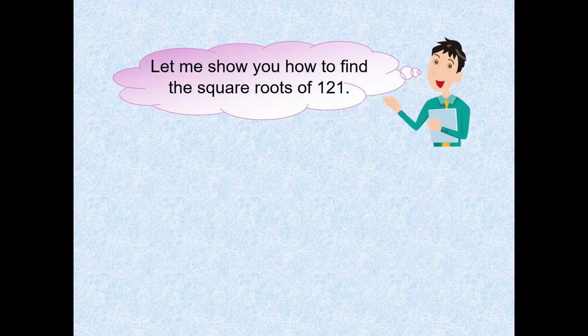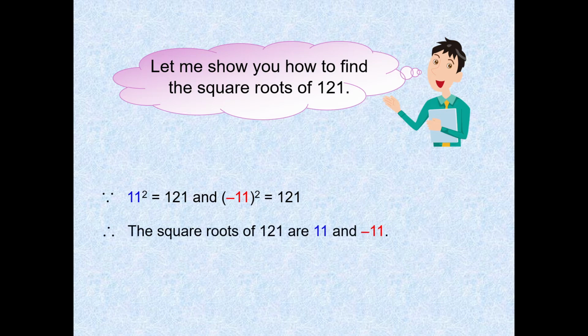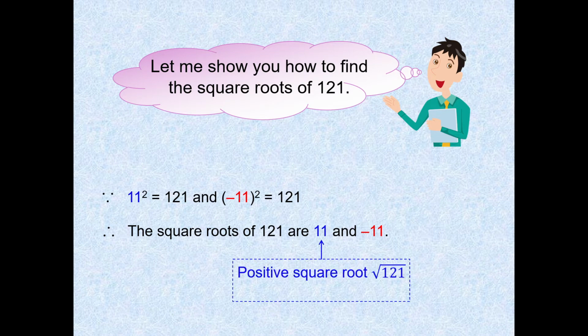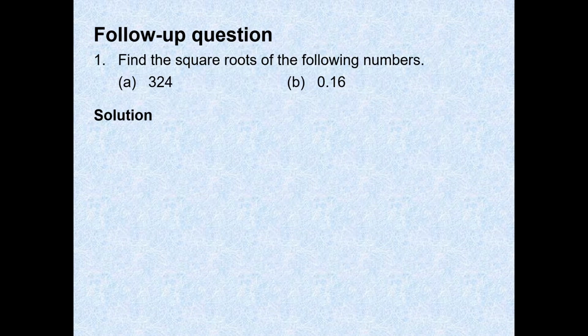How about 121? Can you find its square roots? Since 11 square is 121, and also negative 11 bracket square equals 121, so we can see that the square roots of 121 are 11 and negative 11. So can you find the square root of the following numbers?